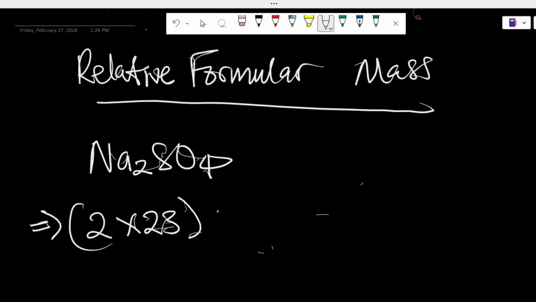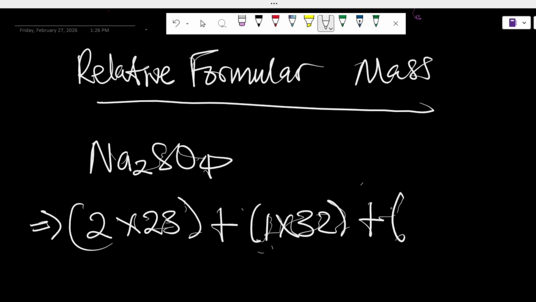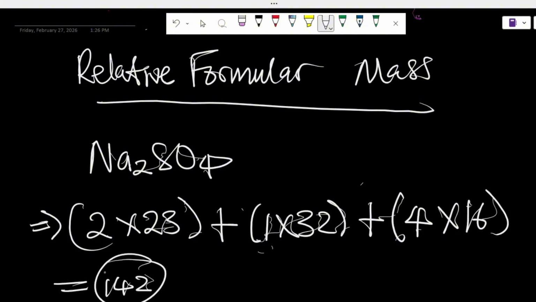And we're going to add, here we have sulfur. Now for sulfur, its relative atomic mass is actually 32. And so this is going to be 1 sulfur atom times 32. And then we are going to add, here we have 4 oxygen atoms multiplied by its relative atomic mass, which is 16. And so we are going to get 142 as the relative formula mass.